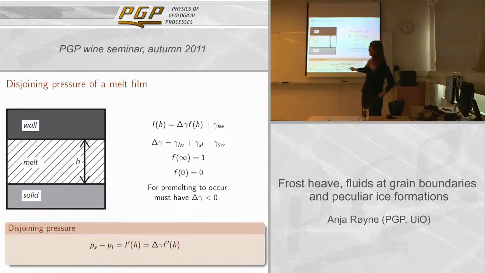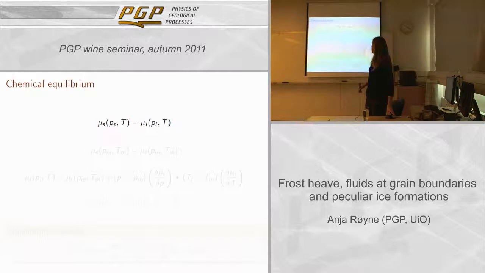And that's the disjoining pressure, and it means that in this situation, if you have a melt and it's stable, then it has to mean that the pressure that the solid feels is larger than the pressure in the liquid, because there's some forces between the 2 solid surfaces acting on them. So that was that. And then chemical equilibrium.